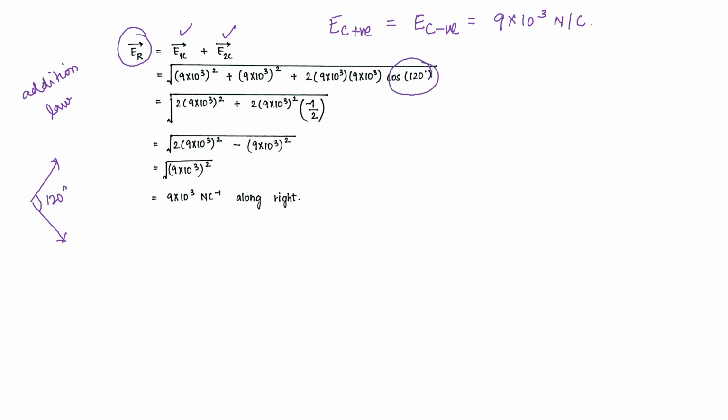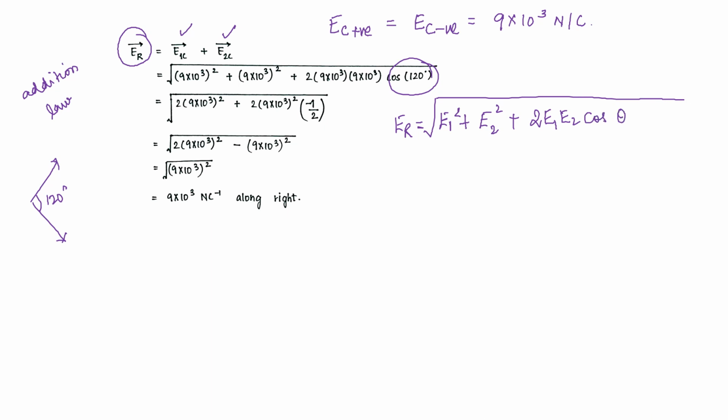What is the original equation? It is ER equals the root of E1 square plus E2 square plus 2 into E1 E2 into cos theta.